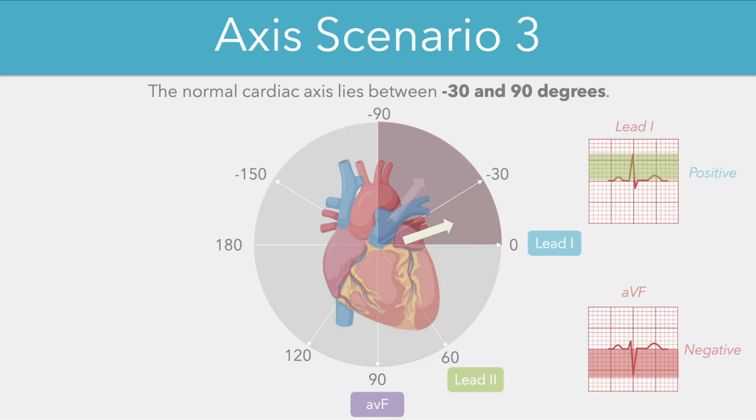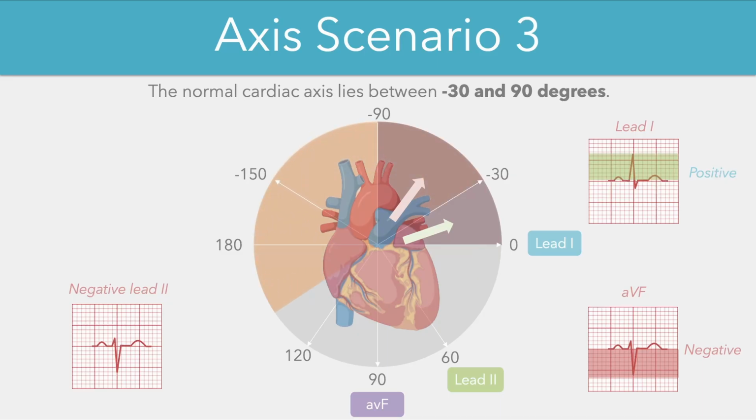Alternatively, if we have a situation where we have a negative lead 2, this would suggest that the impulse is moving away from lead 2 and occupying the orange territory, which is shown here. Notice that the greatest number of intersections is now between minus 30 and minus 90 degrees, thereby suggesting some form of left axis deviation.